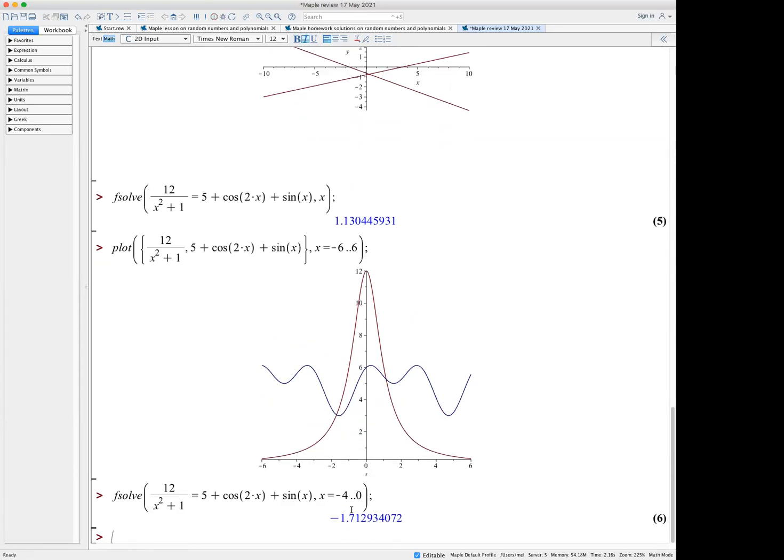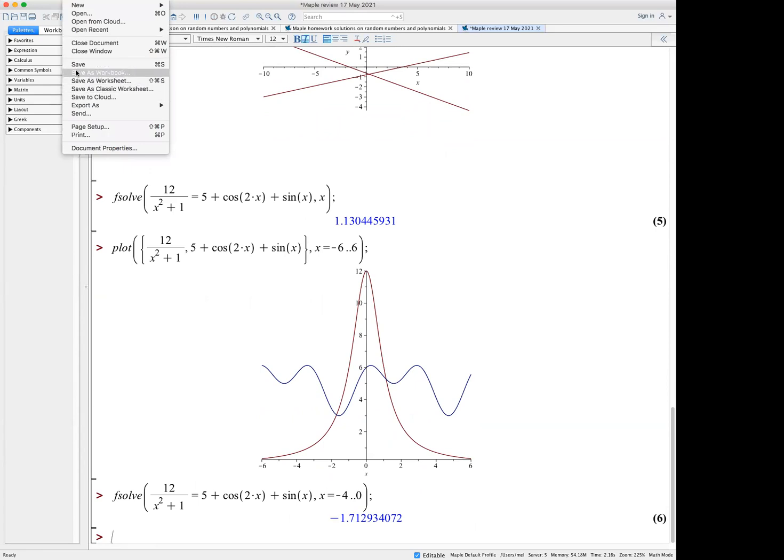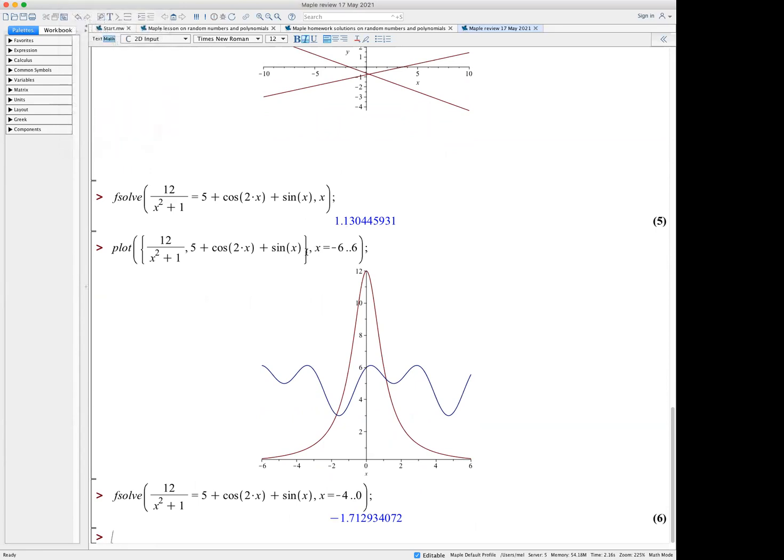And now we get this solution. So that's how I find both solutions. Fsolve by itself just gave me one, but looking at the graph tells me that there are two solutions. One of them is negative. So I'm forcing Maple to look for a negative solution, and then it finds it.